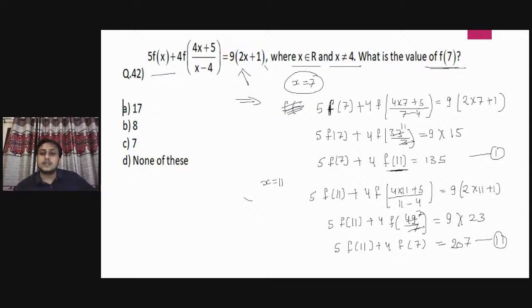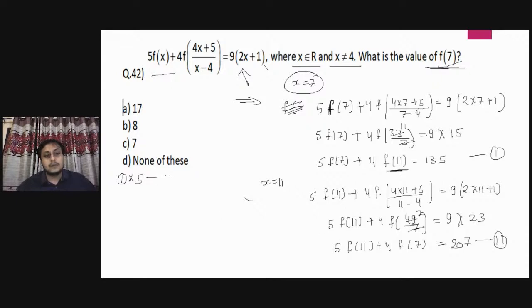So guys, now you have two equations and basically two variables in terms of f of something. You have to find the value of f7, so just eliminate f11, either by substitution or by elimination. The coefficient of f11 is 4 in the first and 5 in the second. So what to do? Multiply the first by 5 and the second by 4, so that they become the same, 20.